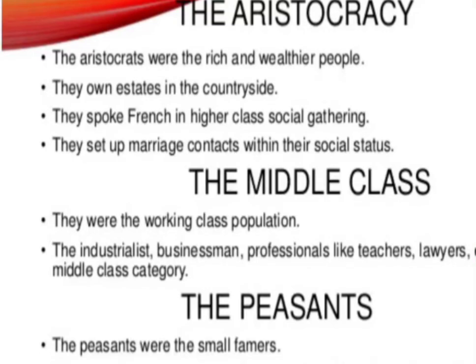This was a group that emerged just after the Industrial Revolution. The Industrial Revolution first started in England during the 18th century. In other parts of Europe, it occurred only during the 19th century. So with the Industrial Revolution, a new social group emerged in Europe.